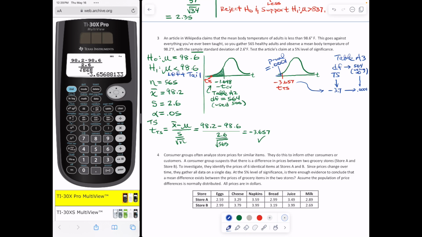And so we're almost done. We can just say the p-value is 0.00, which is less than 0.05, and that's our alpha.